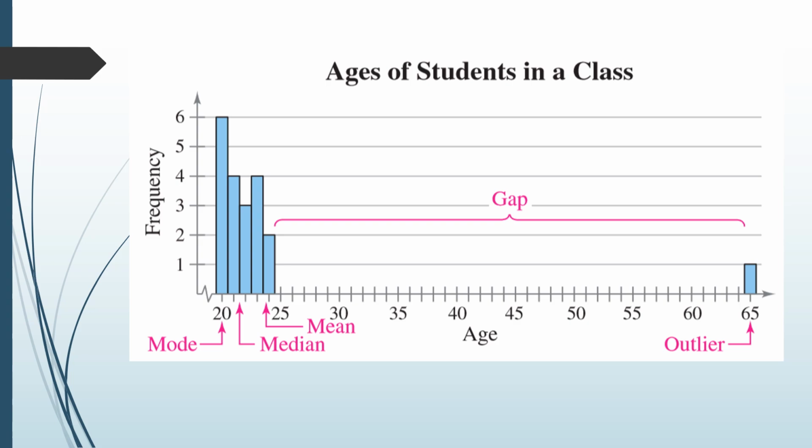Mode, the most frequent, is 20, and it's farthest to the left. The median is pulled more towards the outlier, but not as much as the mean. The mean is influenced more by outliers and unusual data values.